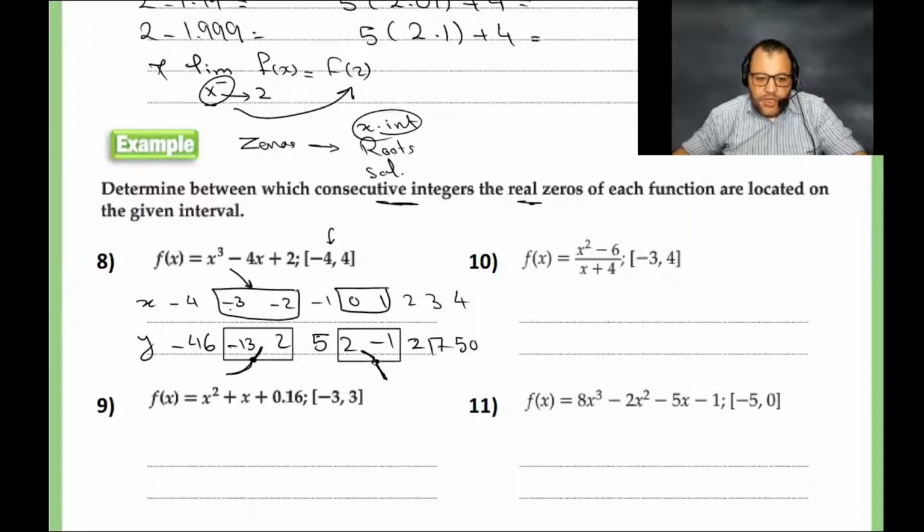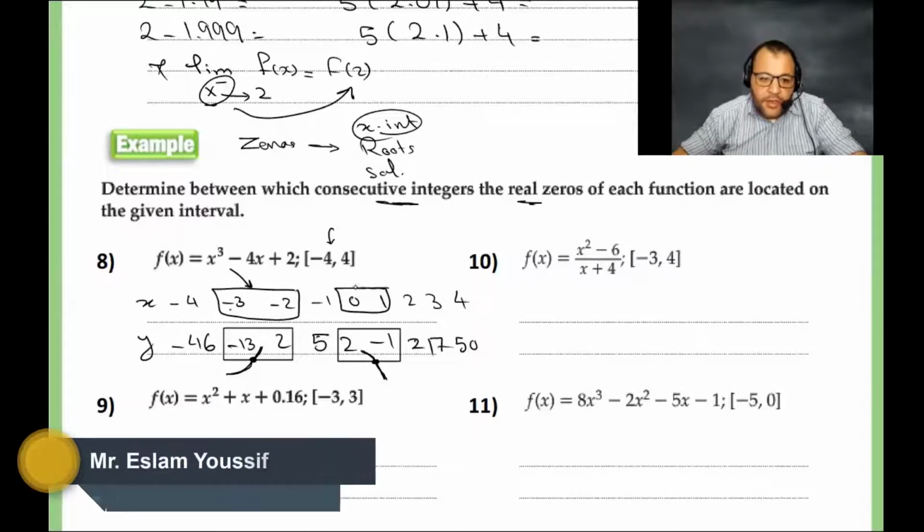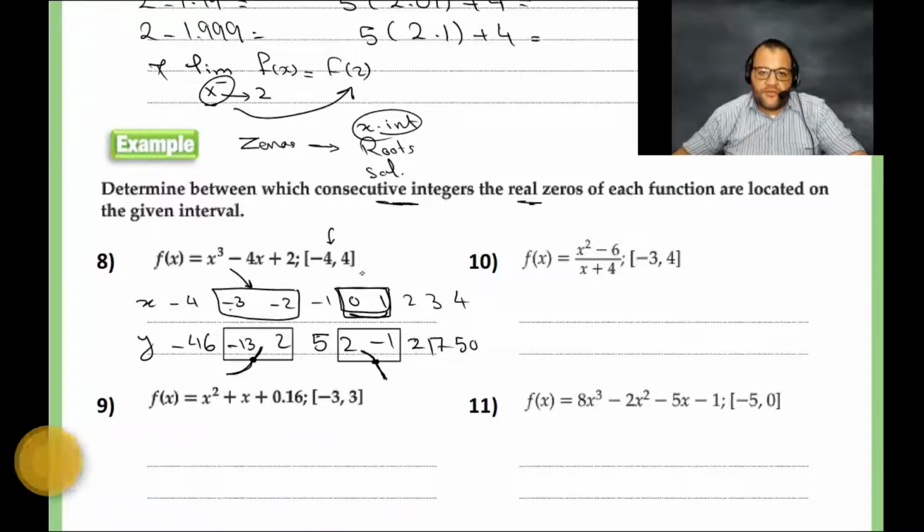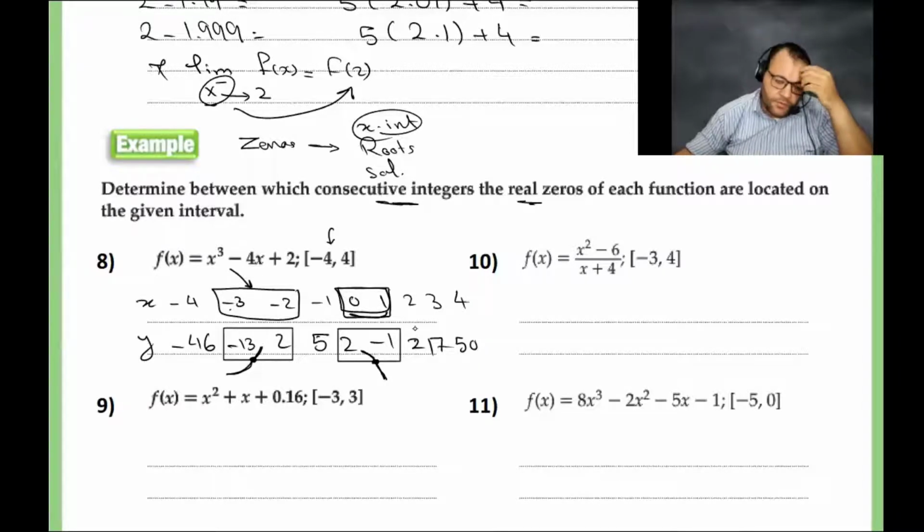It means there is a point of intersection between the graph and the x-axis between 0 and 1. Any problem? So the first pair, negative 3 and negative 2, there is one zero between them, and between 0 and 1, there is one zero between them.